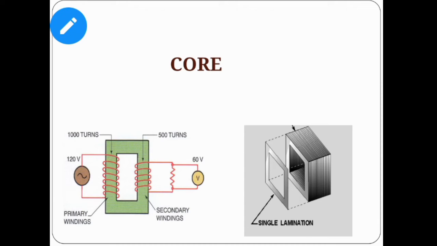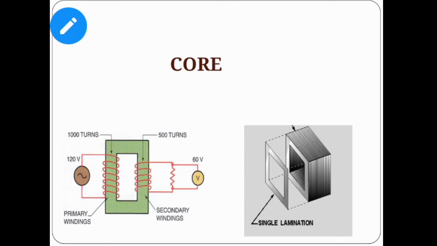The hysteresis coefficient range for silicon steel is 1.5 to 2.5, and in general silicon steel has a 1.6 hysteresis coefficient. A low hysteresis coefficient means low hysteresis losses, which is also an advantage of using silicon steel.